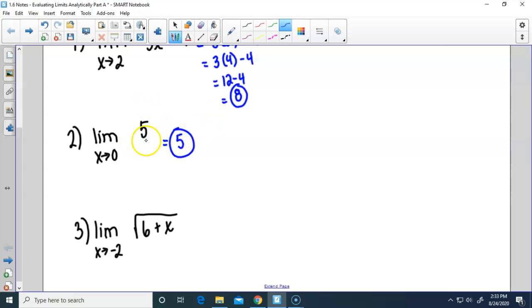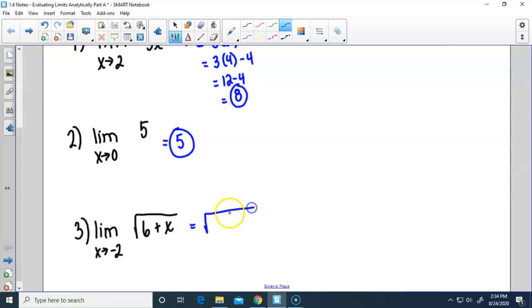This is a constant right here, and so you're just looking at a horizontal line if you were looking at the graph, and the y-coordinate of that everywhere is 5. So it doesn't really matter what the limit is approaching. If the limit was approaching 5 or 0 or 1 or negative 1,000, then the limit for this particular equation would always be 5.